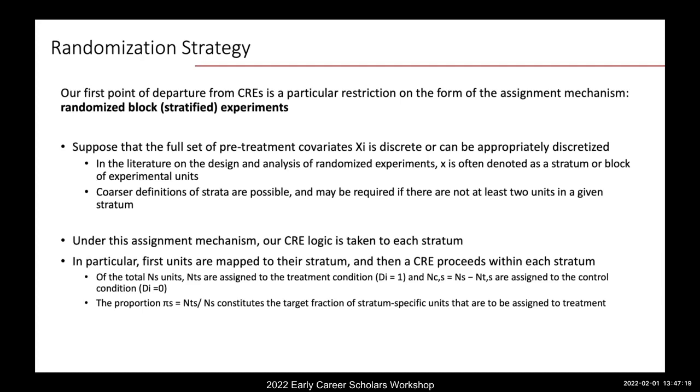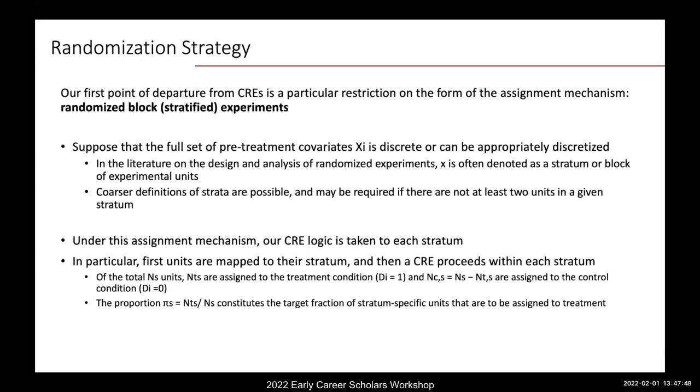And we call this in the literature of design and analysis of randomized experiments a stratum or block of experimental units. What we can do is have coarser definitions of strata, and those might be required if there are not at least 2 units in a given stratum. So for example, we don't have at least 2 schools in a village, so we have to move up to the district level.